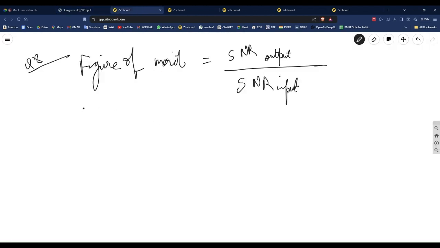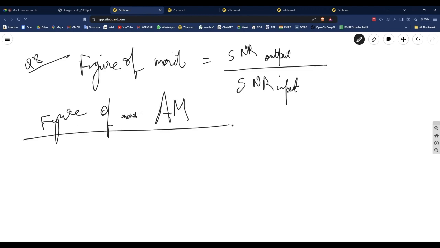So figure of merit for AM. The figure of merit for AM. For AM first. In AM, the signal is given as AC 1 plus K m(t) cos omega CT.